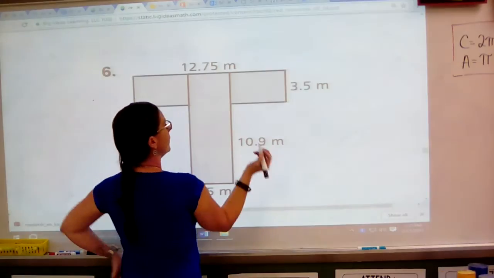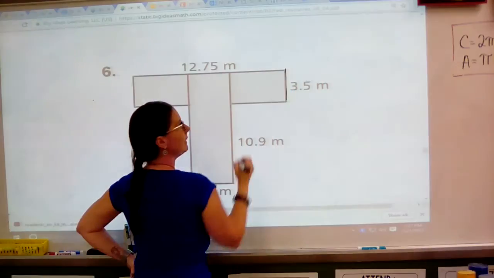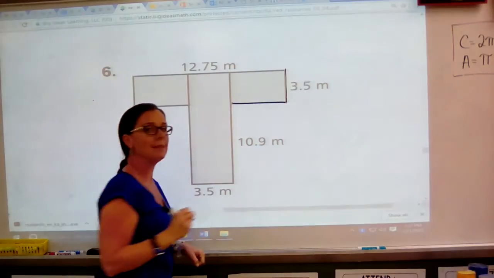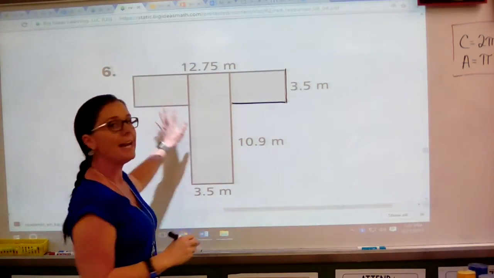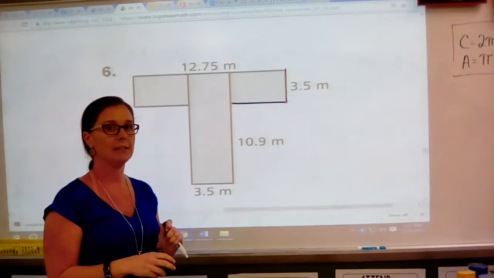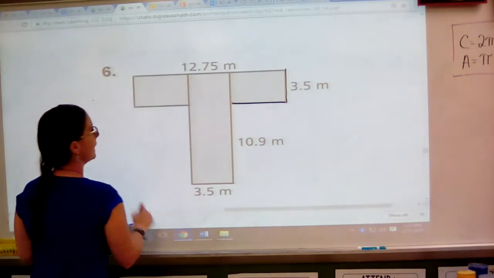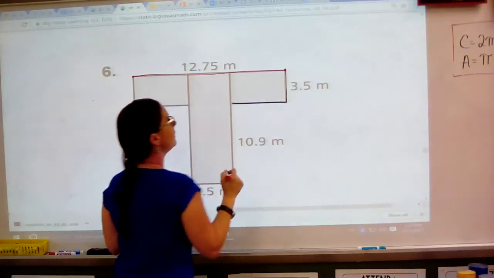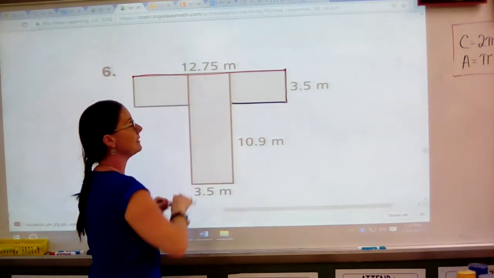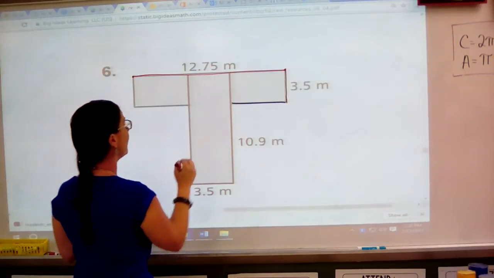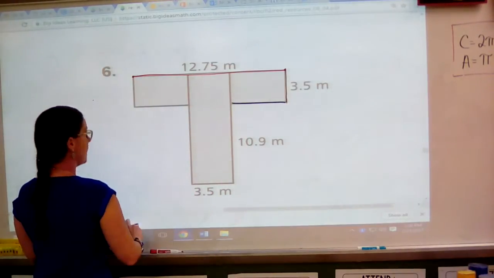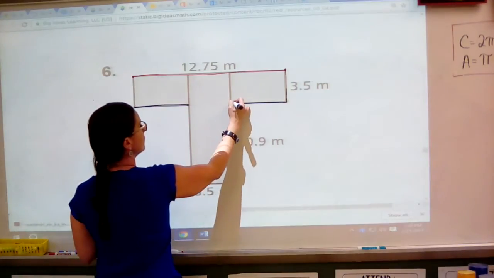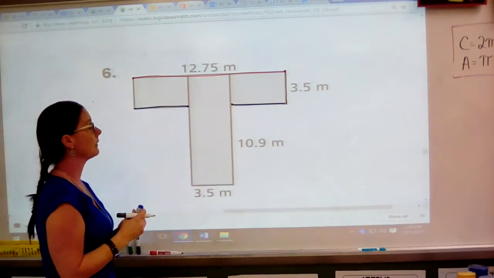To start with, if I'm going to look at this one here, I know that the height of this rectangle is 3.5 meters, but I do not know what the base of that rectangle is. So I have to use the other information on my composite figure to figure that out. I know that from here to here, this red line is 12.75 meters long. I also know that my two black lines will be equal to one another.